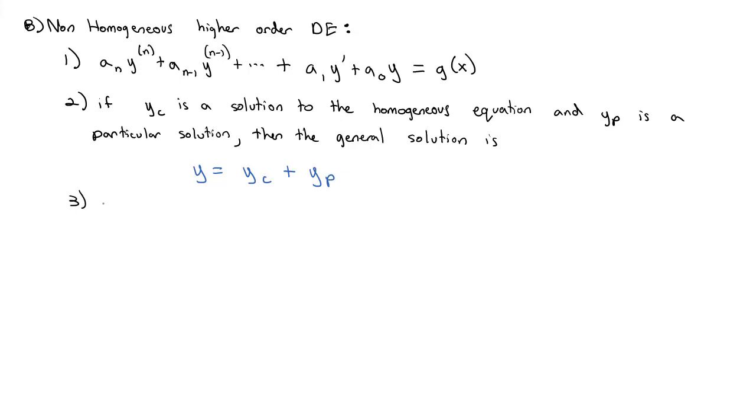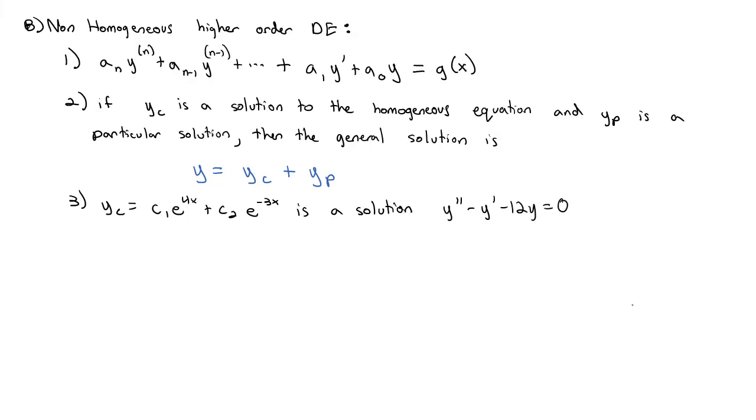So let's say, for example, y complement equals c1 e to the 4x plus c2 e to the negative 3x is a solution to the homogeneous equation y prime prime minus y prime minus 12y equals 0.